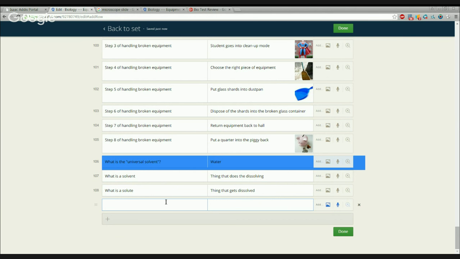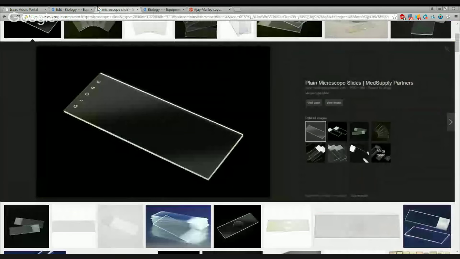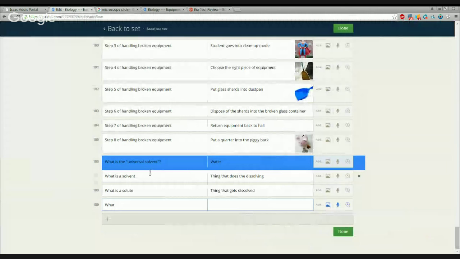So what instrument do we use to replace the left amount in the graduated cylinder? Okay, I'll type that in and then we'll be done.